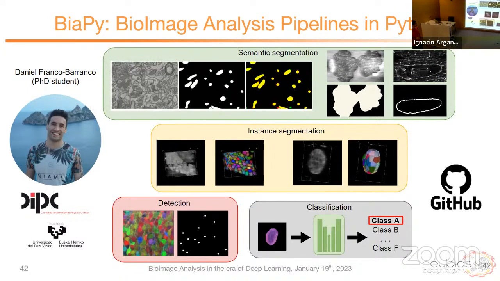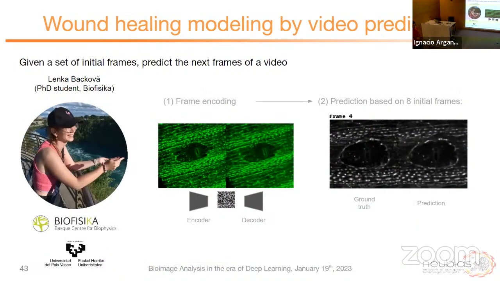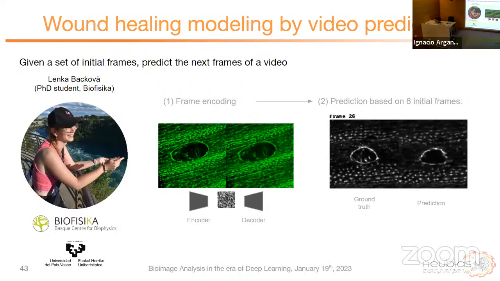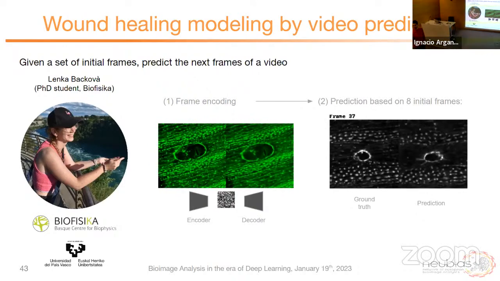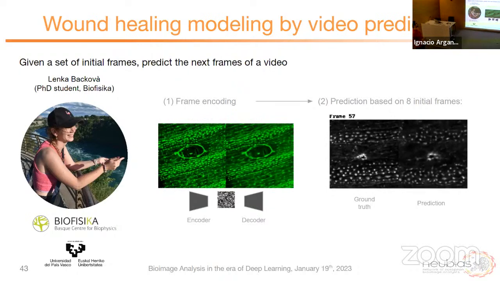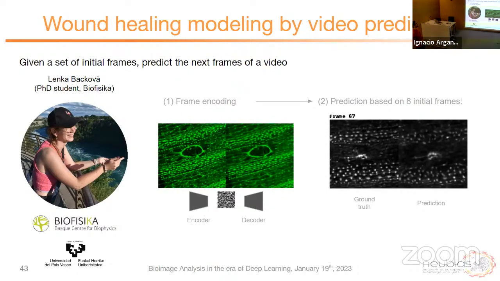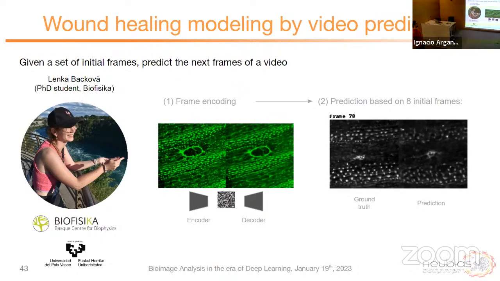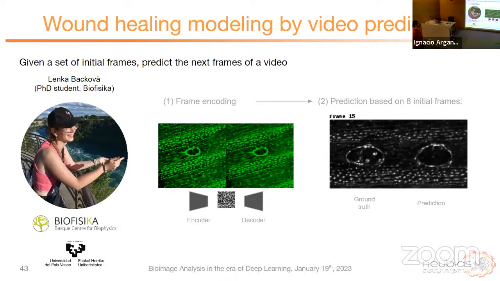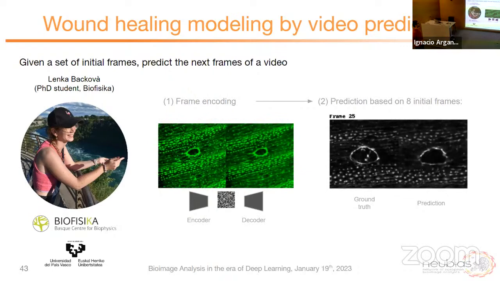Another example is what my student Lenka is doing in biophysics. She's working in the interplay between modeling and deep learning, actually with the purpose of modeling the wound healing on Drosophila embryos. No? So we made a cut in the tissue of the embryo, and it usually goes and closes.